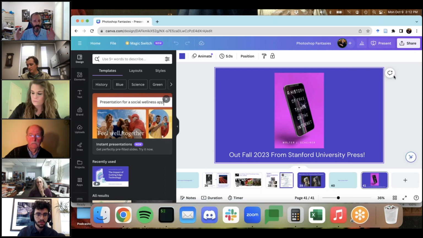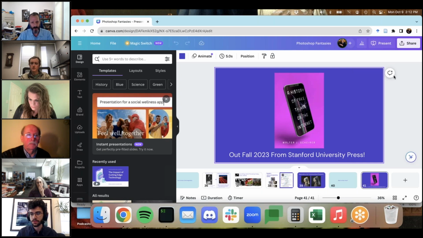So what language can we use to differentiate between manipulation of images for creative artistic purposes in contrast to manipulation of images for deception and fraud?